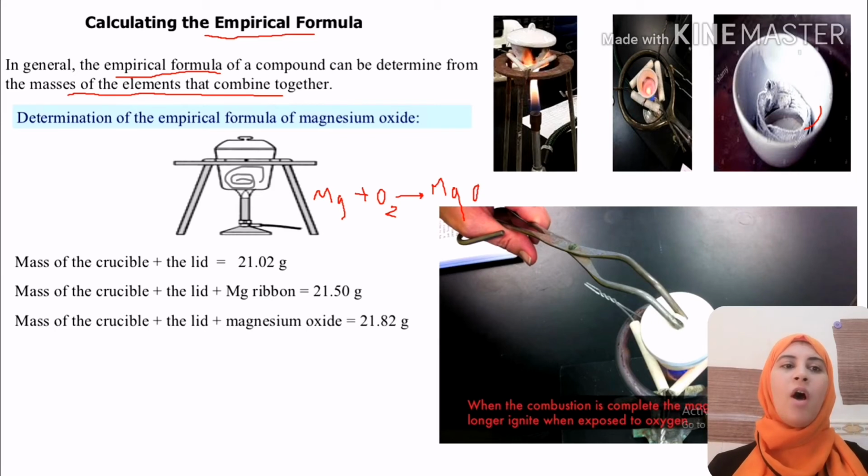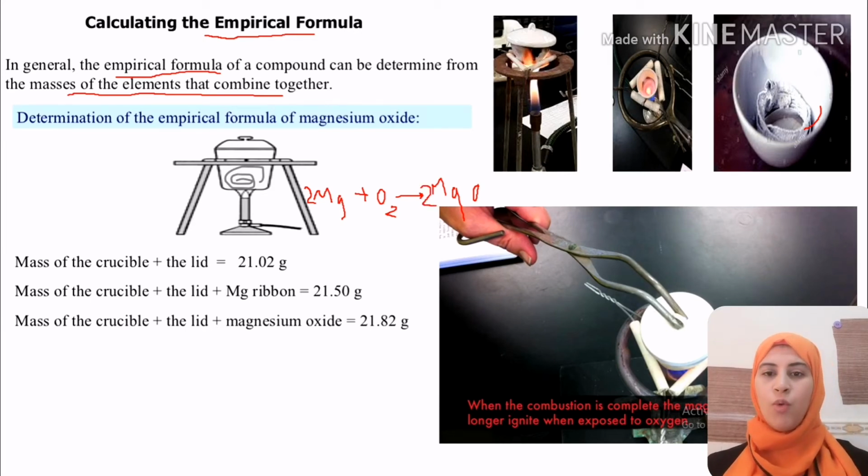We need to balance our equation, 2 for magnesium and 2 for magnesium oxide. So each 2 magnesium atoms will react with 1 oxygen molecule to form 2 molecules of magnesium oxide.